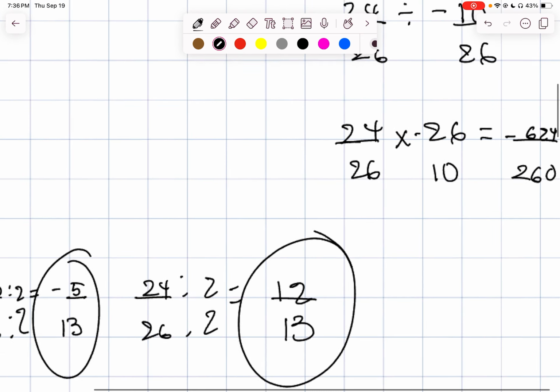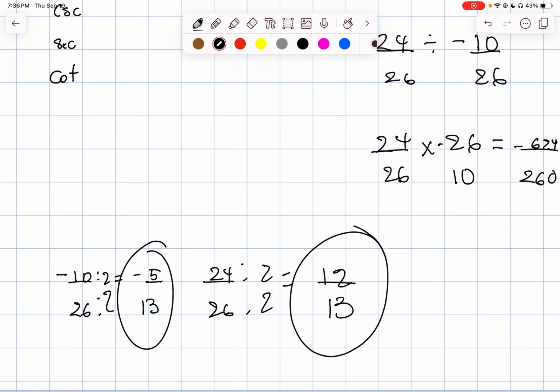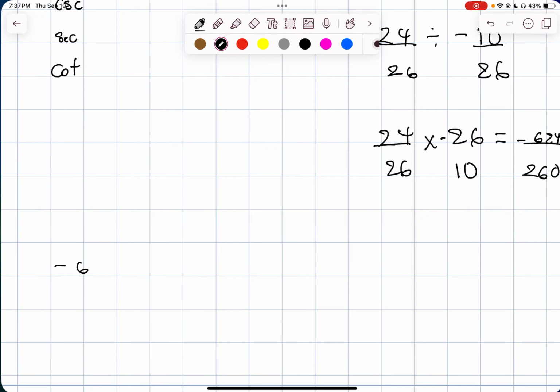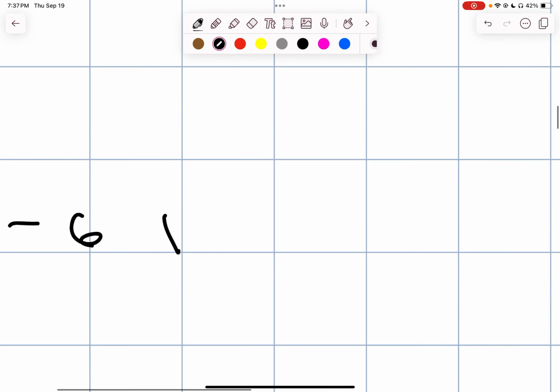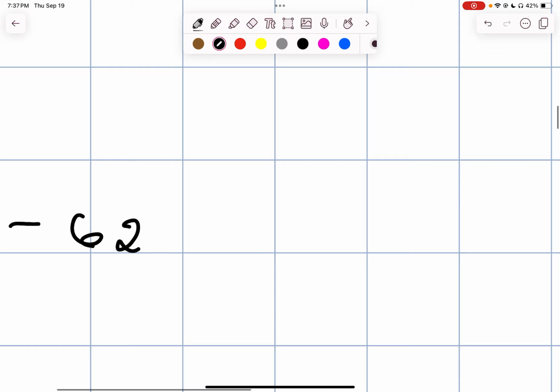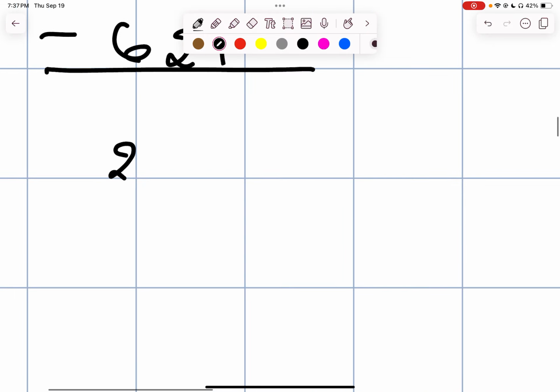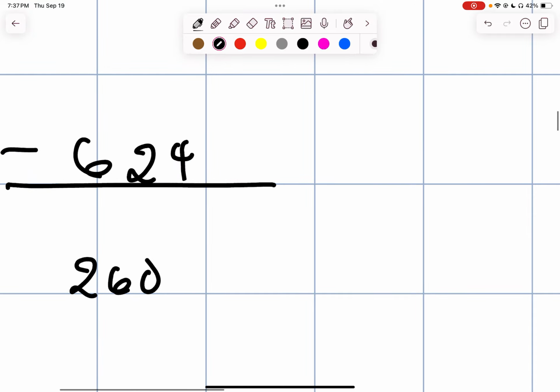I really want to start with 12. I need more space, so I'm going to put it down. Let me try it with 12. 12 is not a good number for 260.